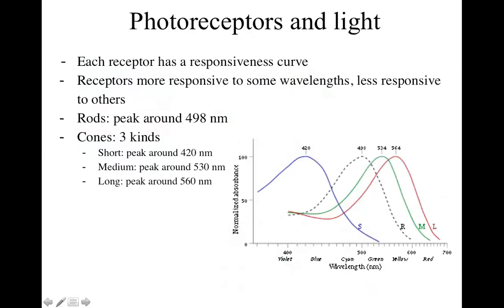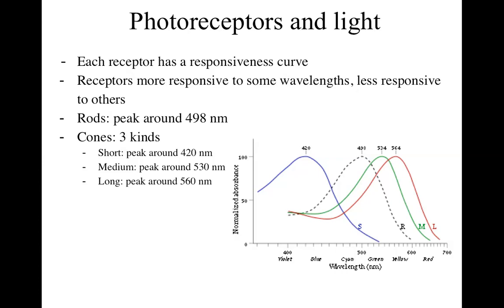Okay, so we have RGB images because the photosensitive cells are sensitive to some wavelengths. There are three types, which have peaks around blue, green, and red.